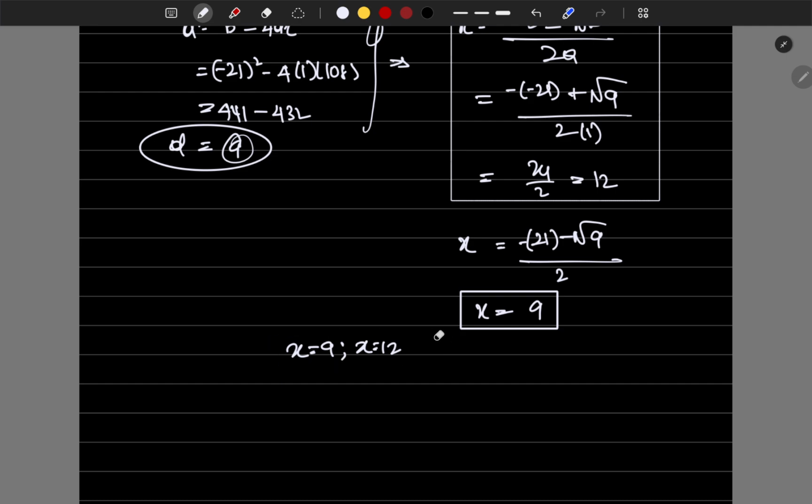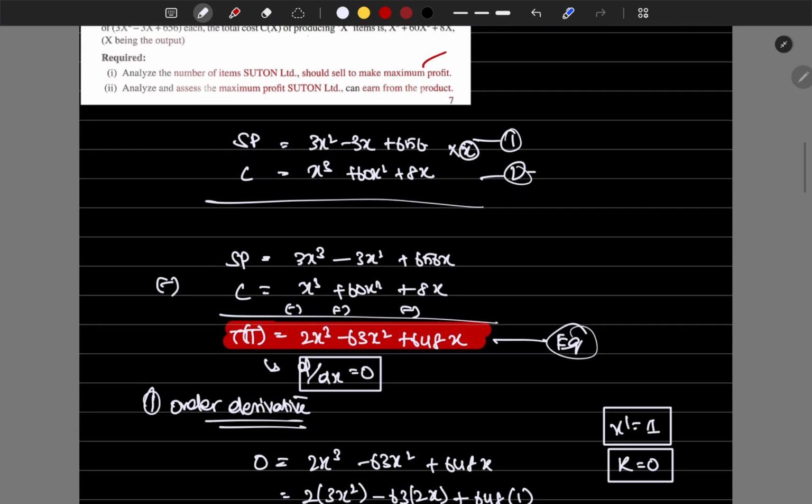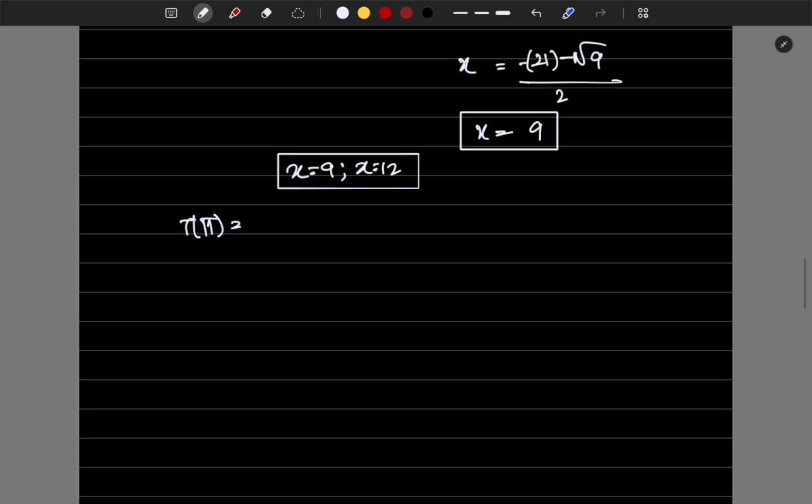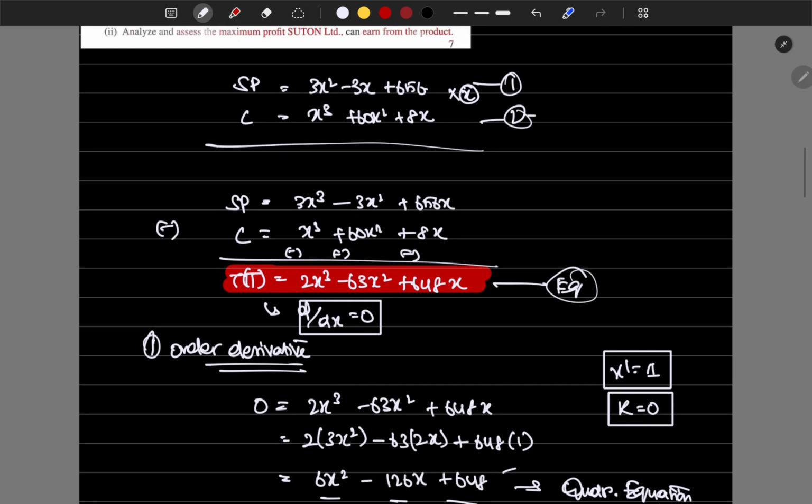So what is the equation? Total profit is equal to 2x cube minus 63x square plus 648x.